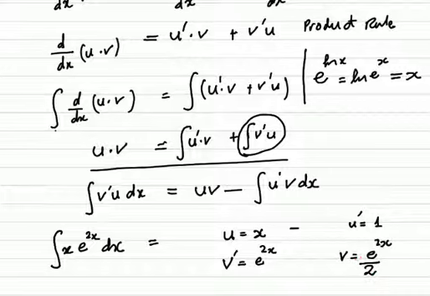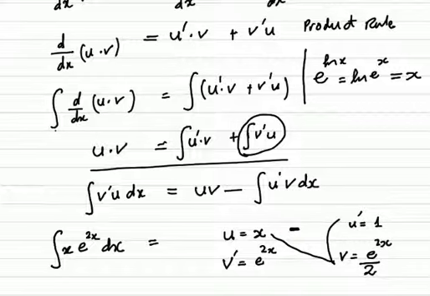Now once you've done that, according to the formula, you can see that it says bring together v and u, then take v prime and v under the integral sign, and then what you do is you subtract that.